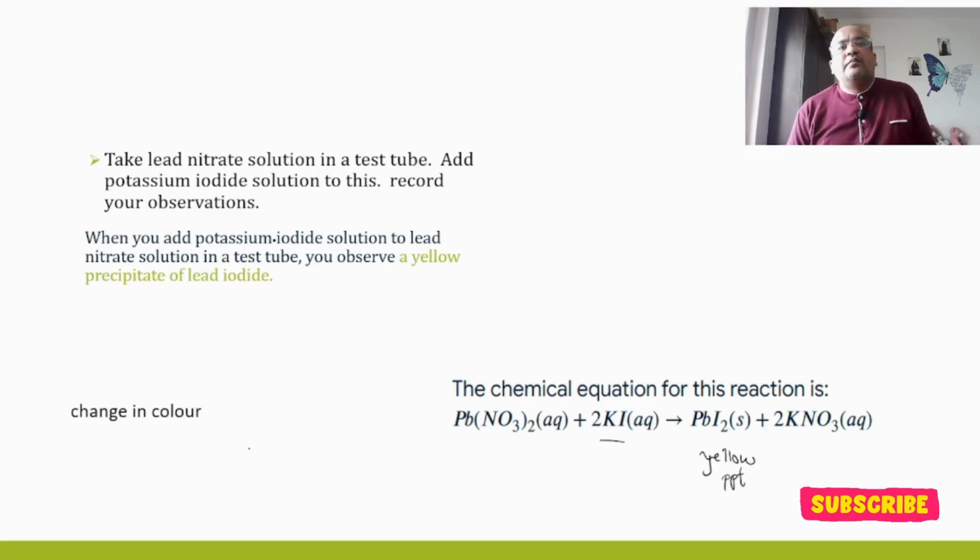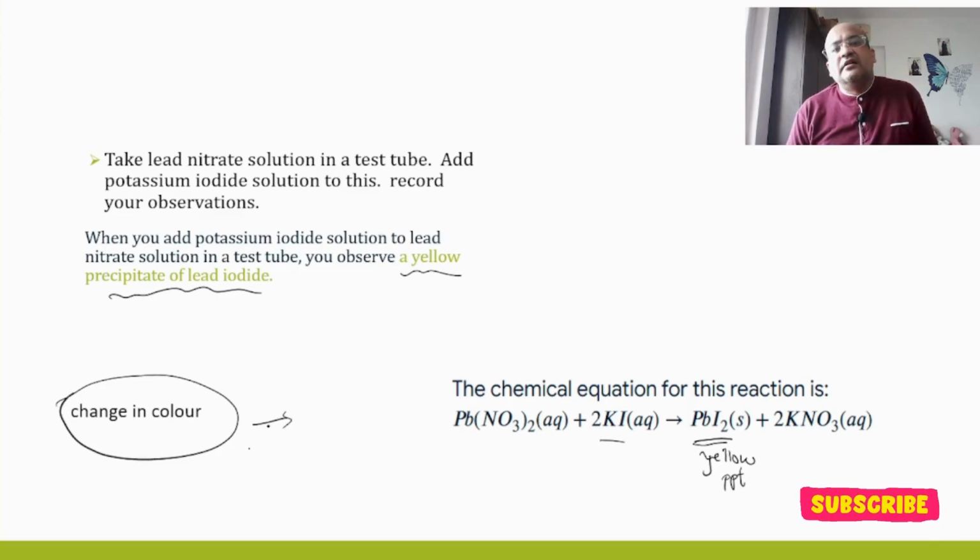When you add potassium iodide solution to lead nitrate in a test tube, you observe a yellow precipitate of lead iodide. Here you see a yellow precipitate of lead iodide is observed. Means what? We have observed a change in color. A change in color is being observed in this reaction.